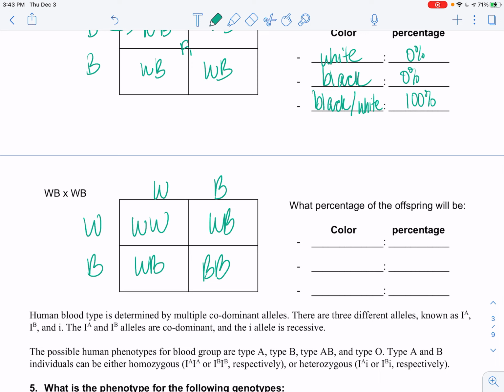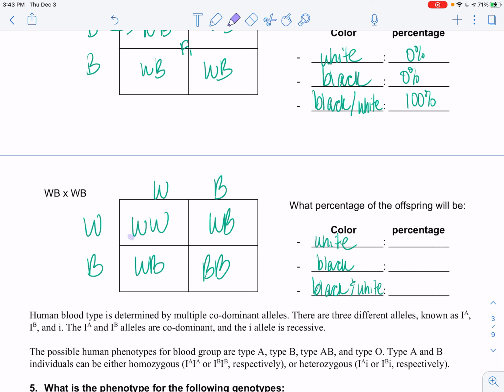Black and white are seen equally, just like co-captains have equal responsibility. These are going to be seen equally. So here, again, we need to write our colors. So we've got white, black, and black and white.